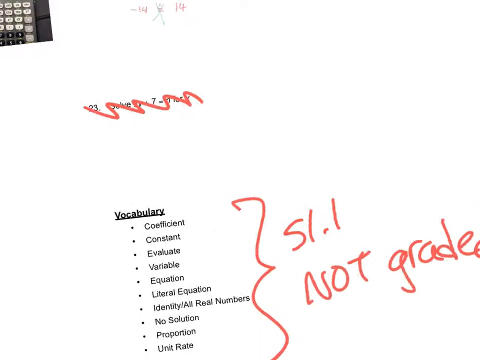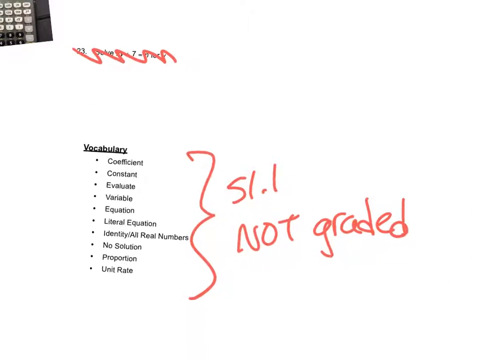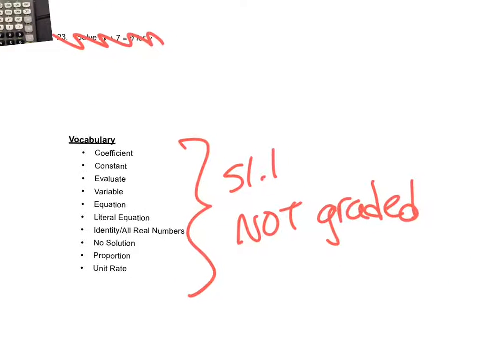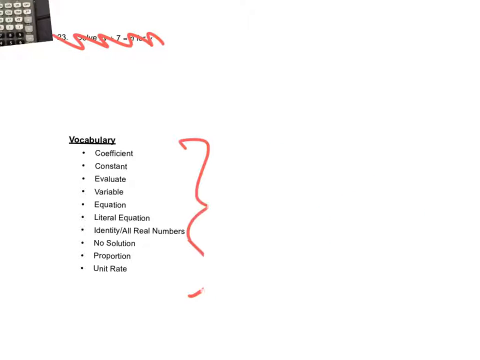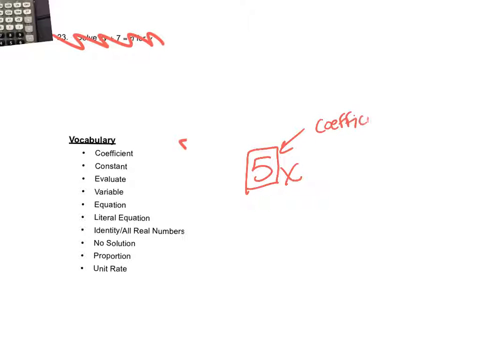Okay. All right, so the vocab. What you will need to know for the vocabulary is the idea of what everything is. For example, a coefficient. If I was to show you an expression such as 5x, and I said 5, you would know that 5 is the coefficient.